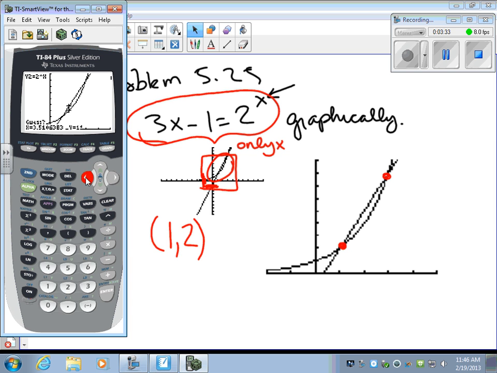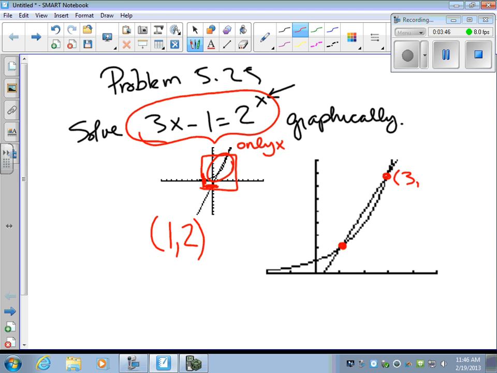And I went a little bit too far. So I'll come back down and I'll say there's my guess. Yep, it looks like 3, 8 is the other point. And so my x values are 1 and 3.